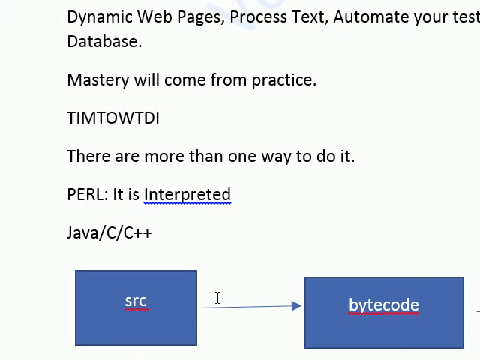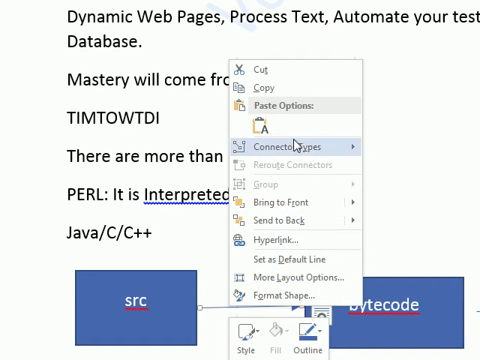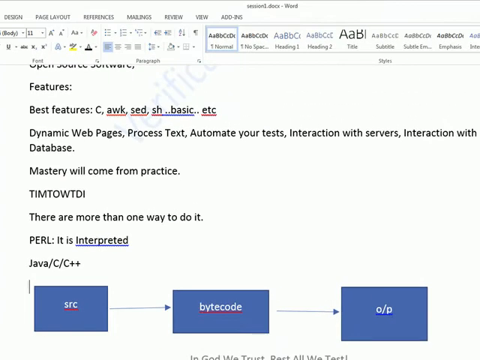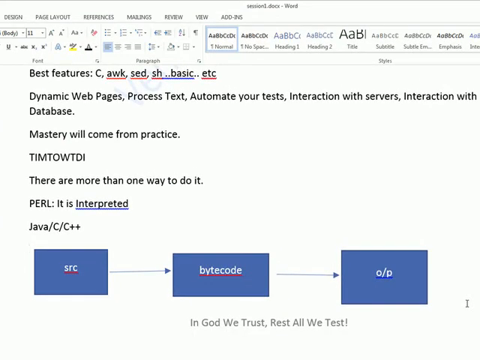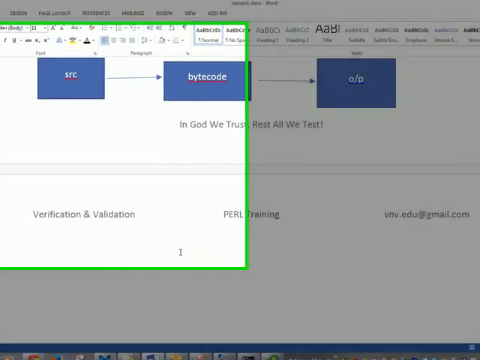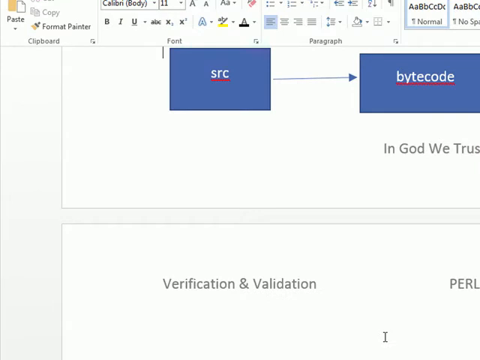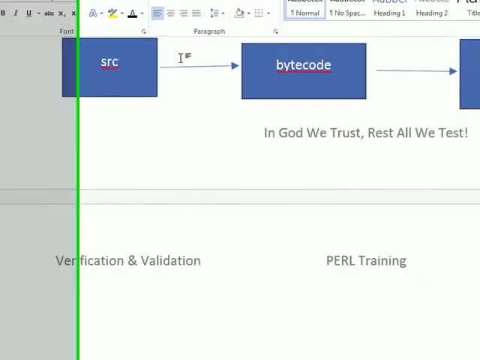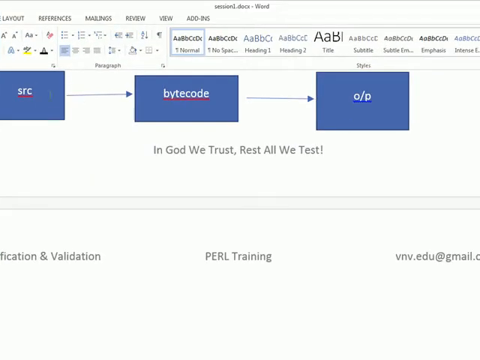You have got a source code, you compile it, it generates a bytecode, then it generates the output. Okay, but in the case of Perl, it is something different. In Perl, it is first compiled into a bytecode, which is then converted into machine instructions, but you do not have to separately compile it and then run it. It will not have two stages.